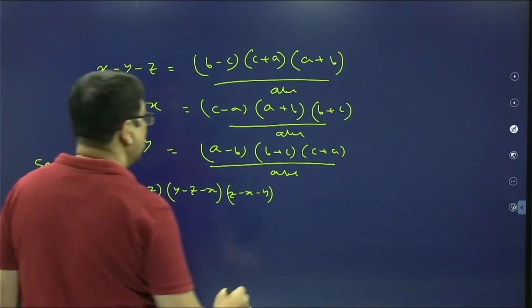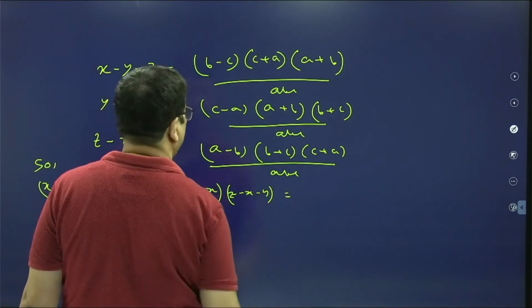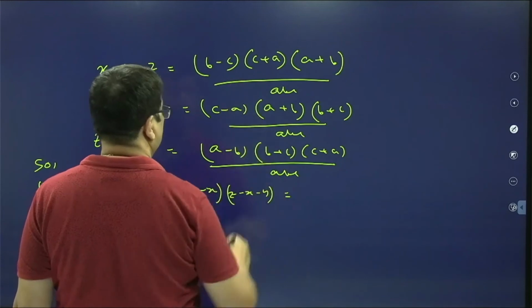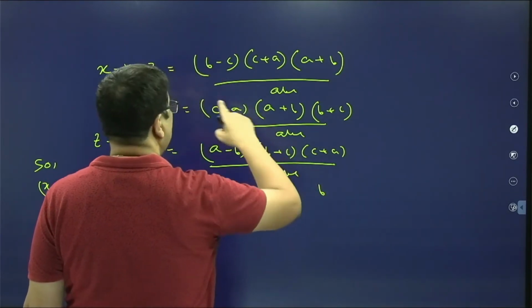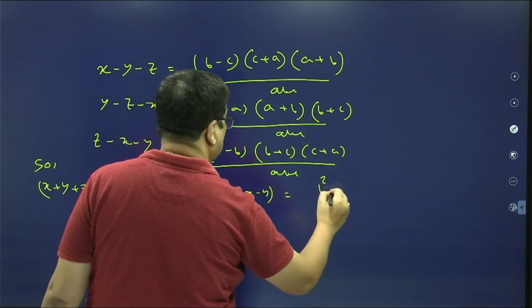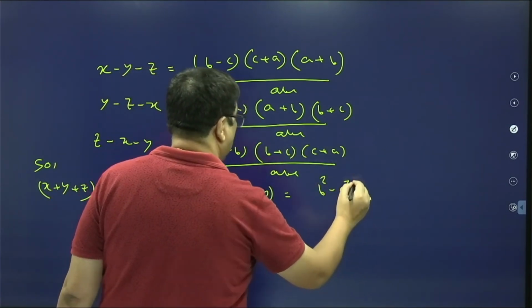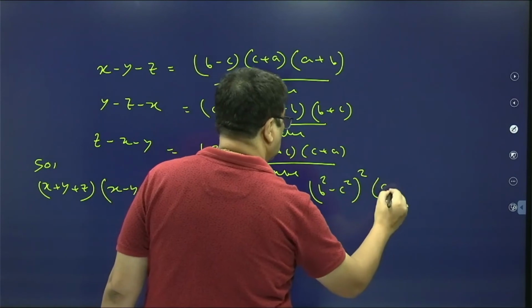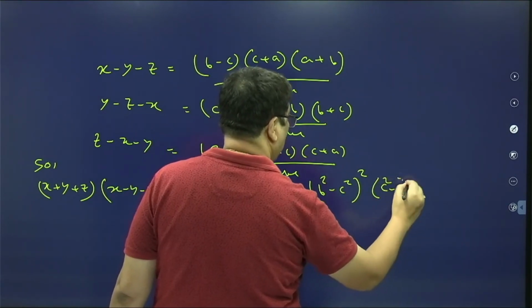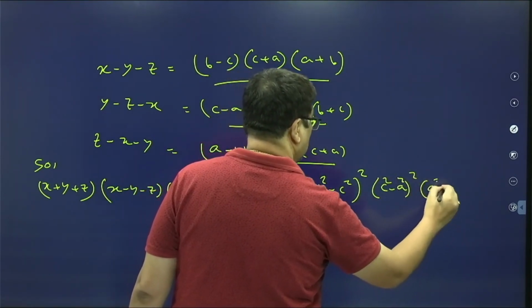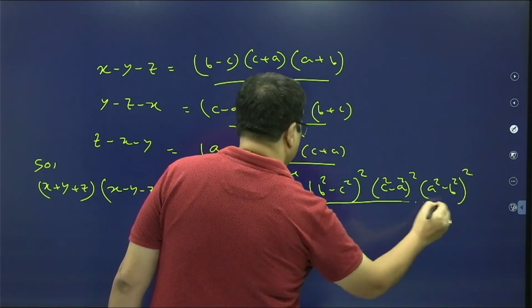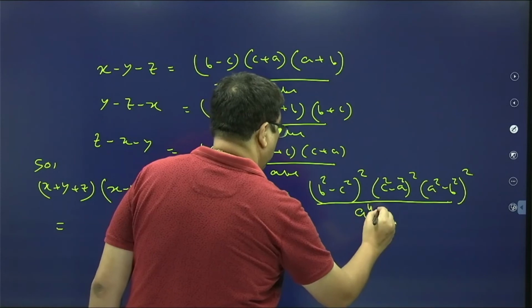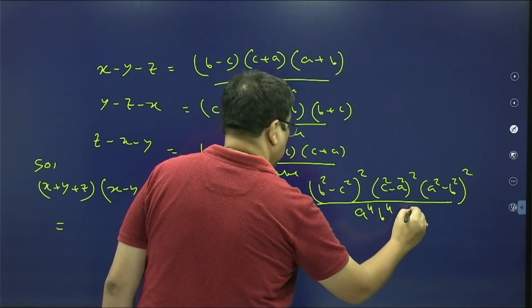So by multiplication we are getting here, just see, b minus c into b plus c, b square minus c square whole square into c square minus a square whole square into a square minus b square whole square, total divided by a to the power 4, b to the power 4, c to the power 4.